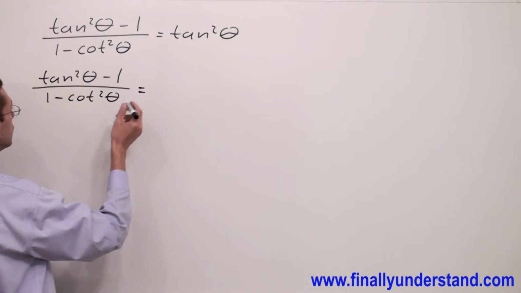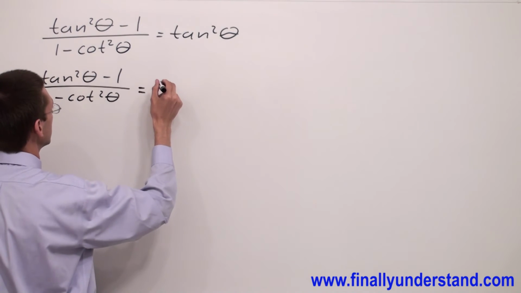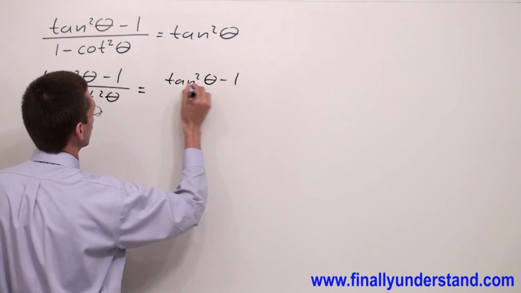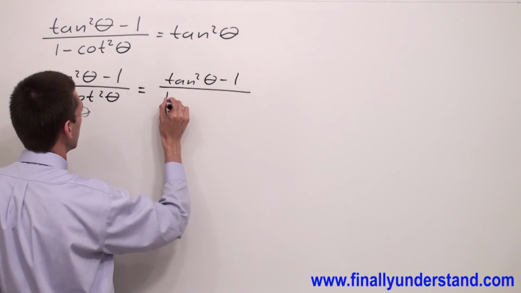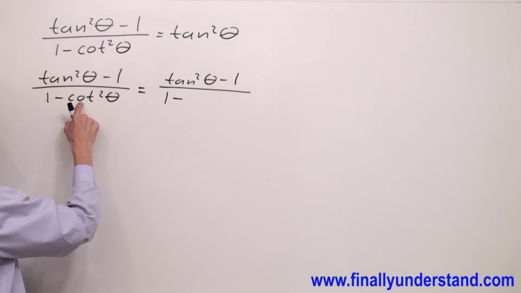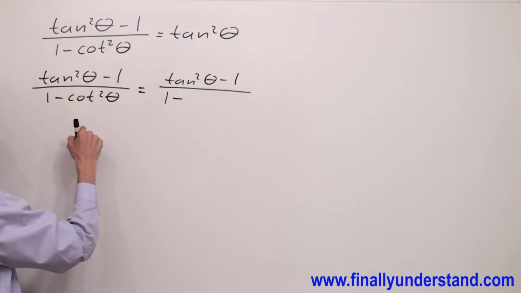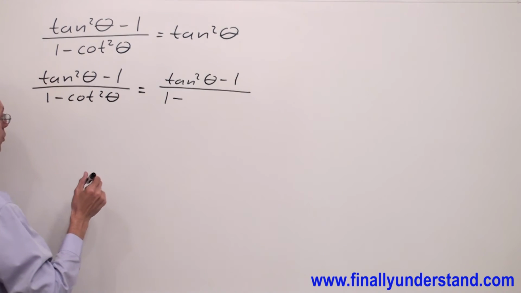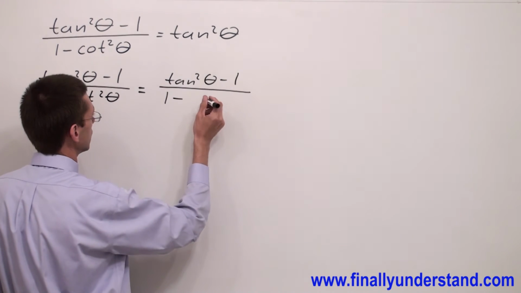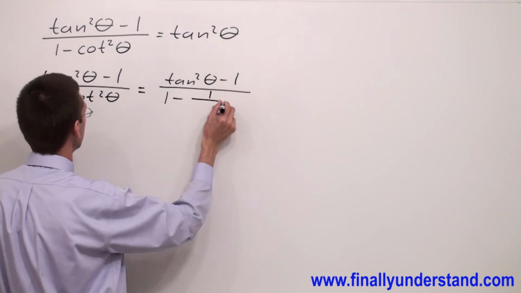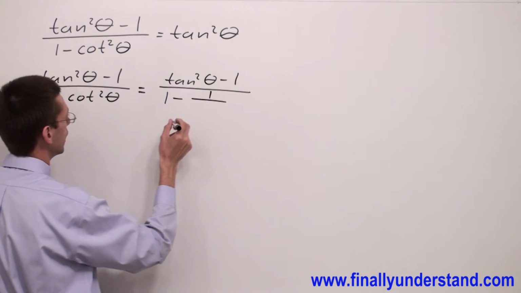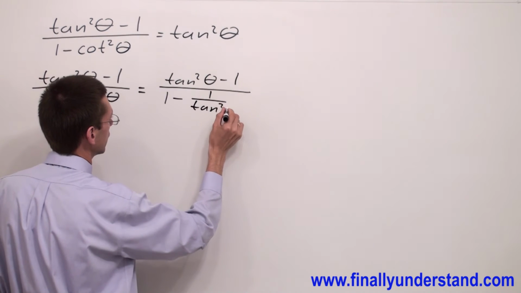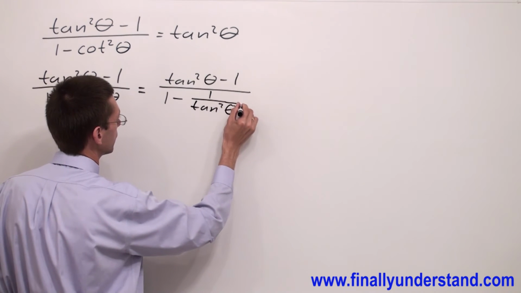So what I'm going to do, I'm going to copy down the numerator and I have tangent squared theta minus 1 and I have 1 minus, and instead of cotangent squared theta, I'm going to use the reciprocal relation, which is allowing me to write cotangent squared theta as 1 over tangent square theta.